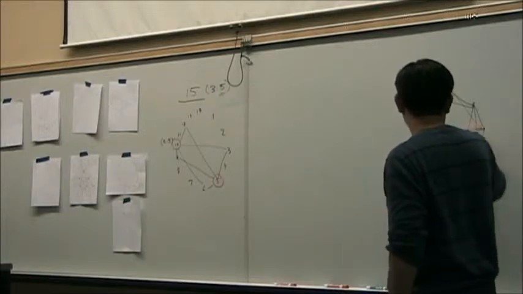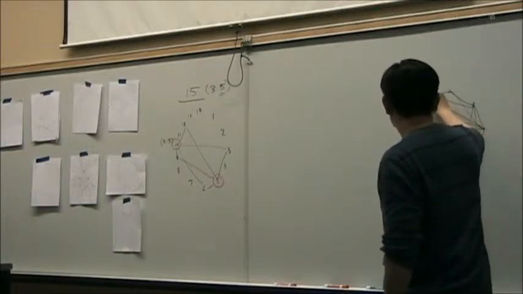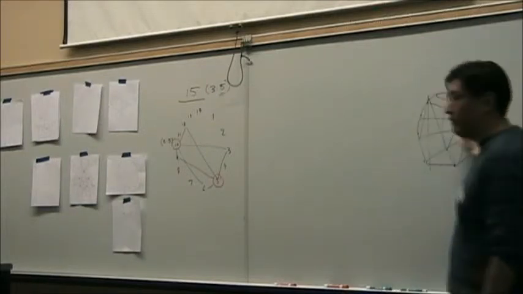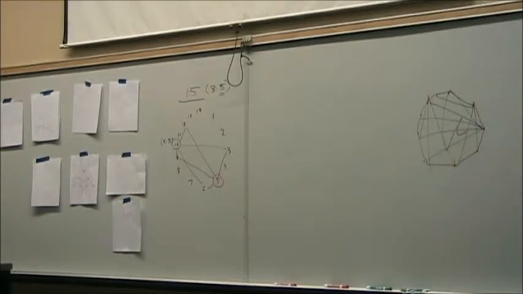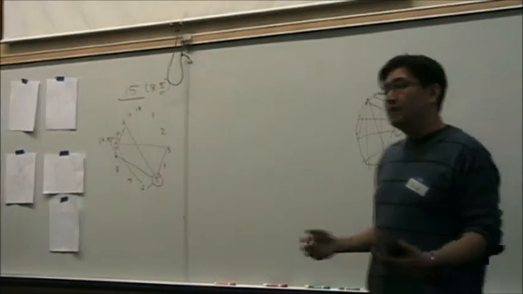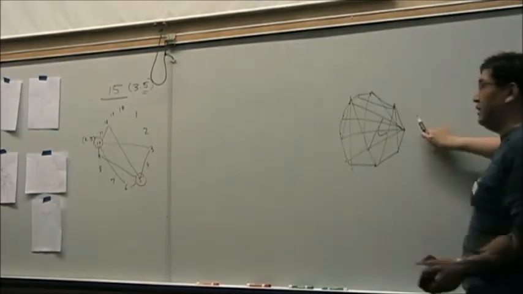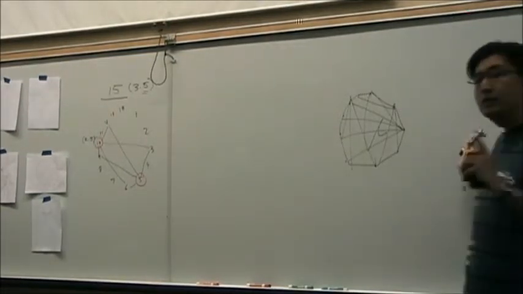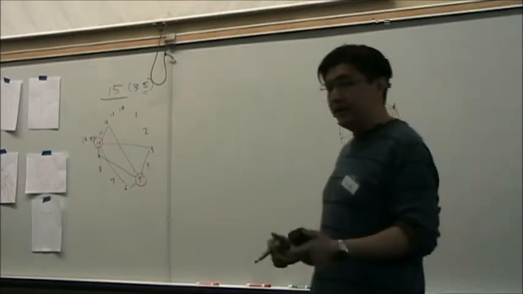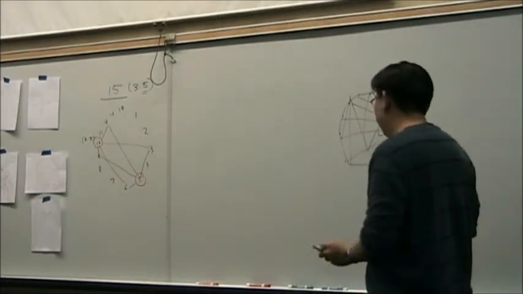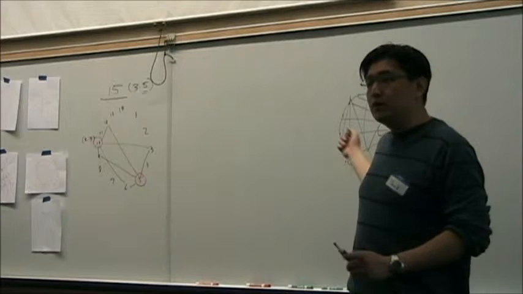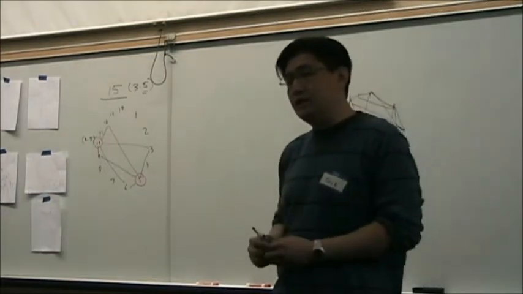I think it's the multiplication graph 100 or something like that. So I'm going to stop drawing, but basically everything's connected to everything else. Right? And now I'm going to ask a very similar question to what I asked earlier. Is there a way to figure out, one, whether this graph is an actual multiplication graph, and two, if that's the case, whether I can figure out what number generated this multiplication graph?